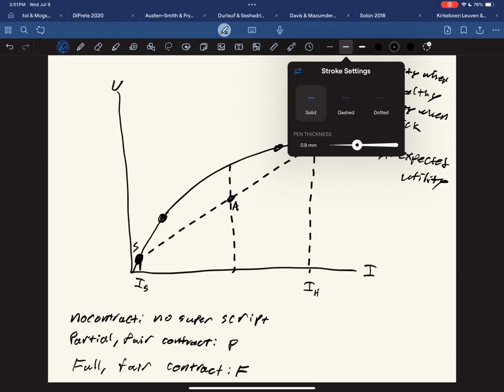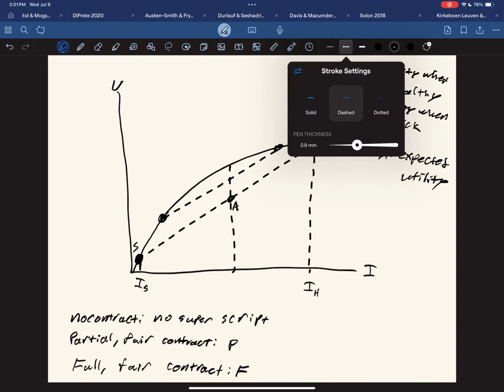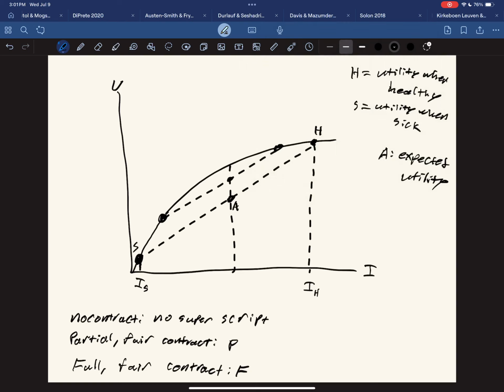This point here is going to be my expected utility from a partial contract. I have my utility when healthy, my utility when sick.